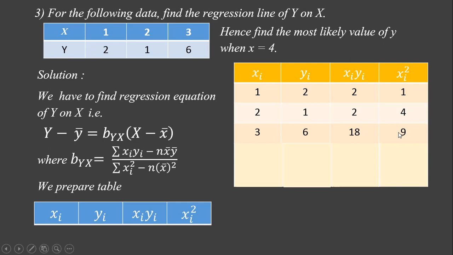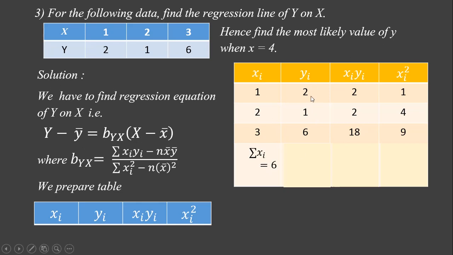Now we require to find x bar, for which we require summation xi. To find y bar, we require summation yi, and summation of these last two columns we require for the formula for byx, to calculate byx. So summation xi, 1 plus 2 plus 3, is equal to 6.